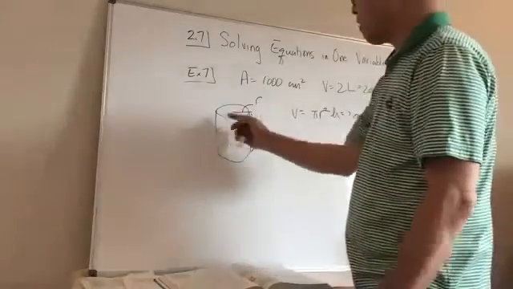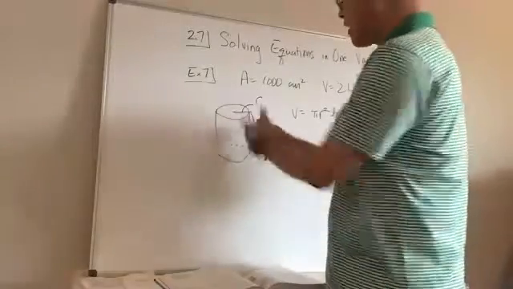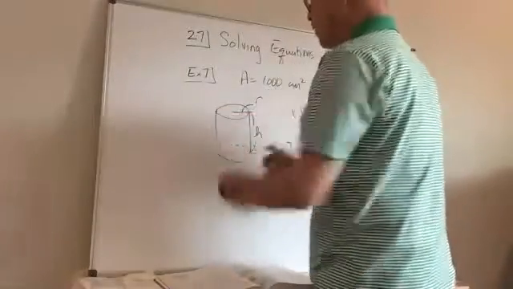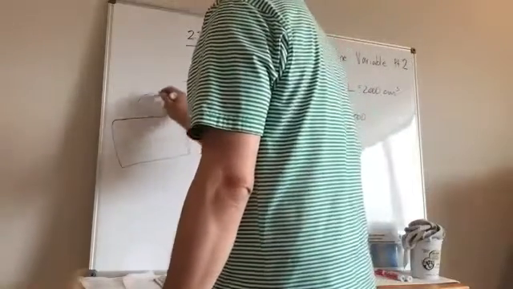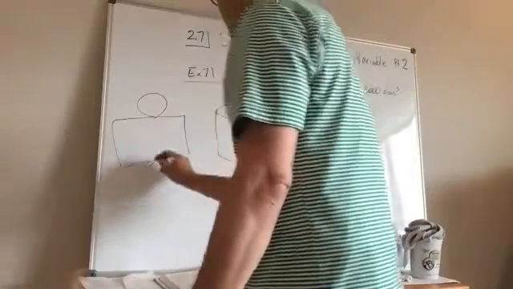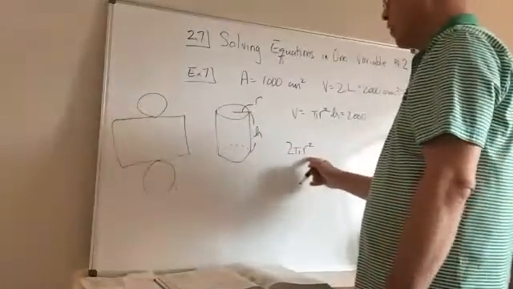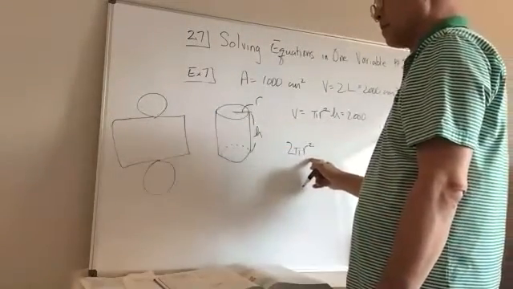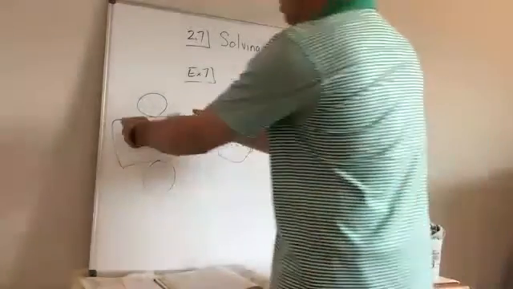And then I have the side part. The side part is, if I go ahead and cut this in half and flop it open, I'm going to end up with this, where these are the tops and the bottoms. The tops and the bottoms are already accounted for by this. Now I know this is the height, right? All I need to find is the length here.